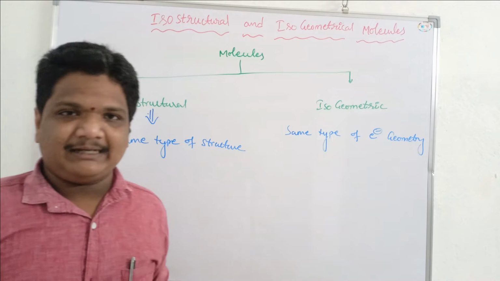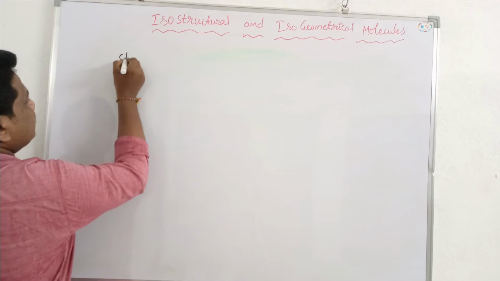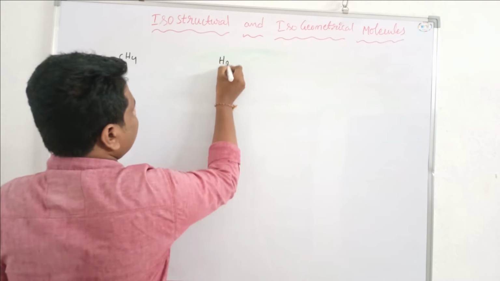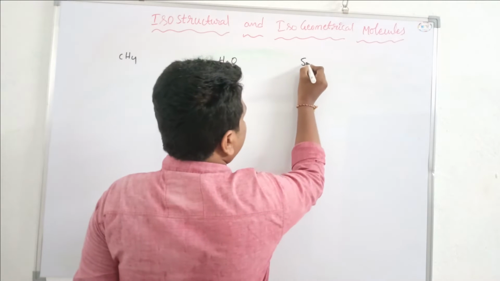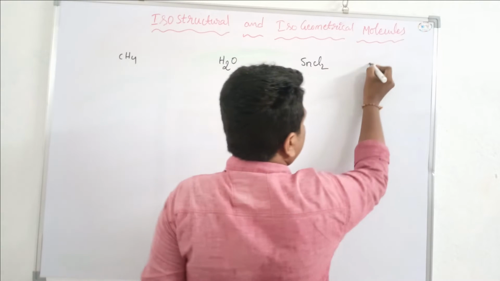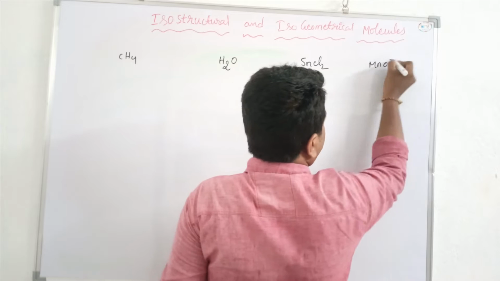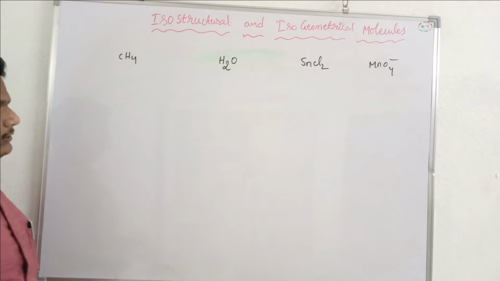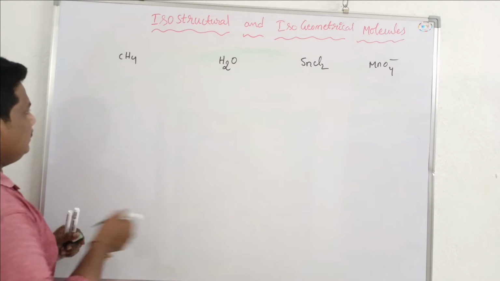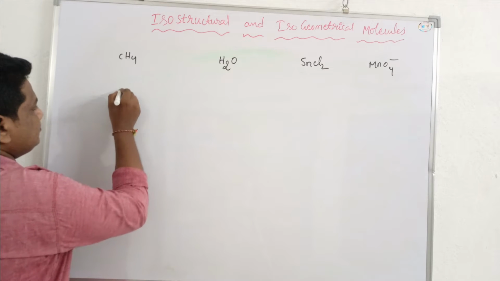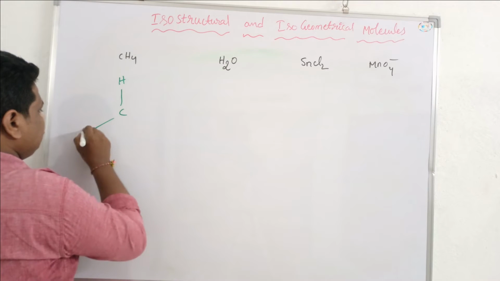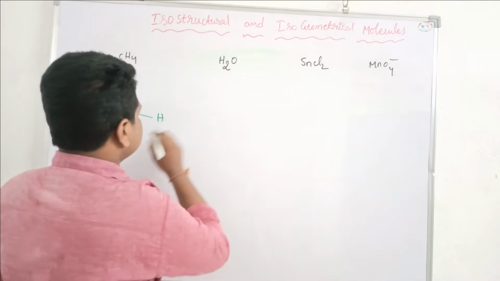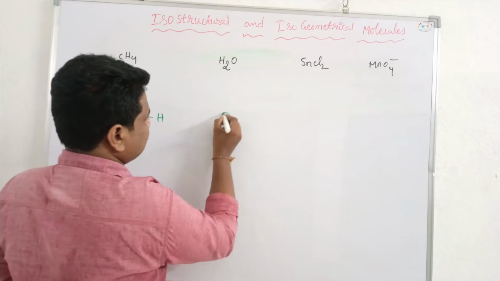Let us see some examples: CH4, H2O, SnCl2, and MnO4 minus. Let us see the structures and geometries of these molecules. This is CH4 and this is oxygen.